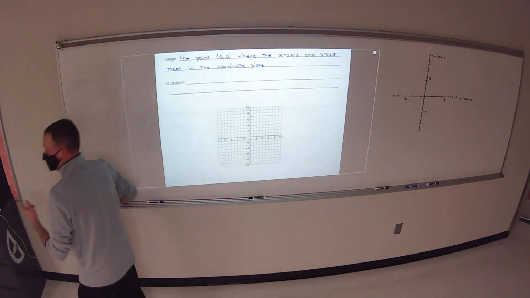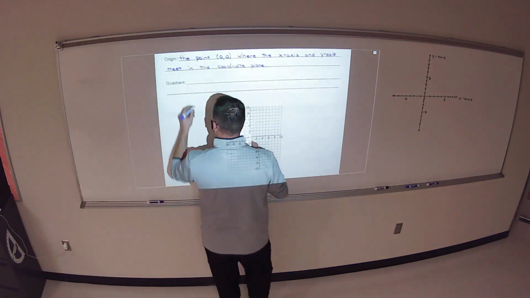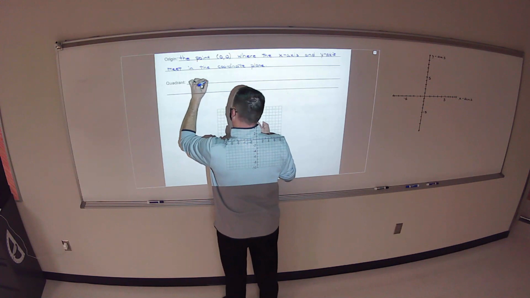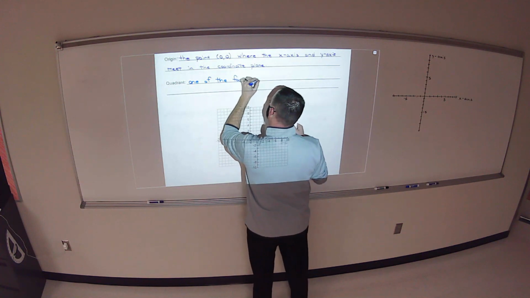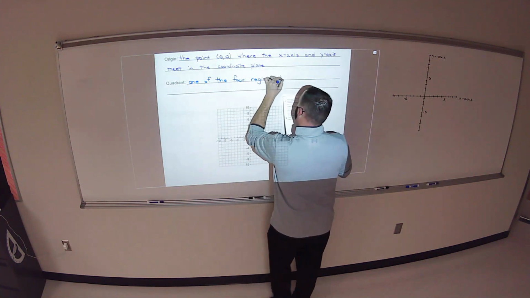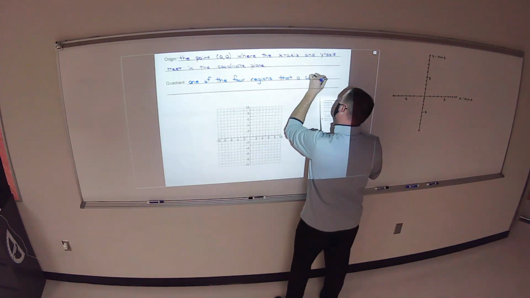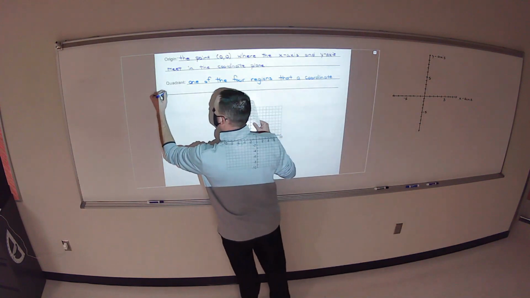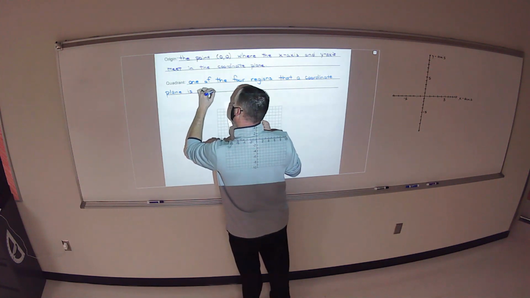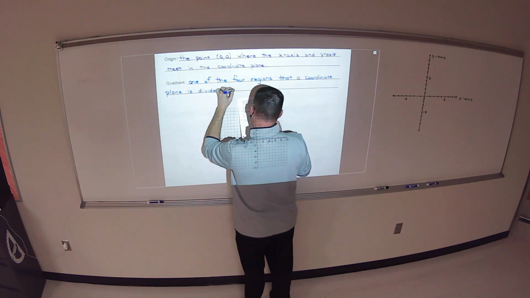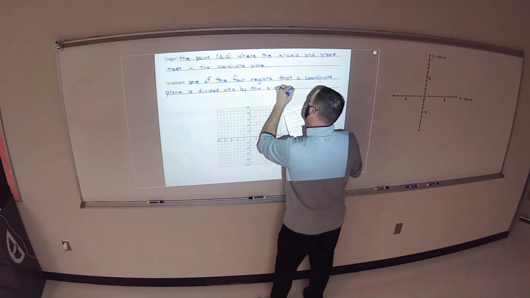The last one that all ties in with this is this idea of a quadrant. This is one of the four regions that a coordinate plane is divided into by the x-axis and y-axis.